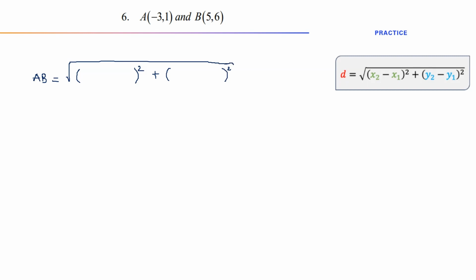Now we plug in. We have -3 and 5. Remember, the minus is always subtract. So -3 for the first x, the second x is 5, the first y is 1, the second y is 6.